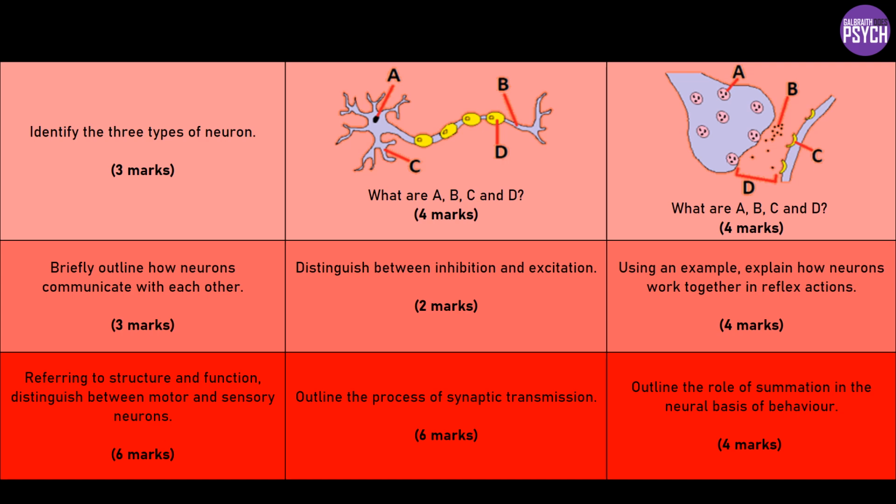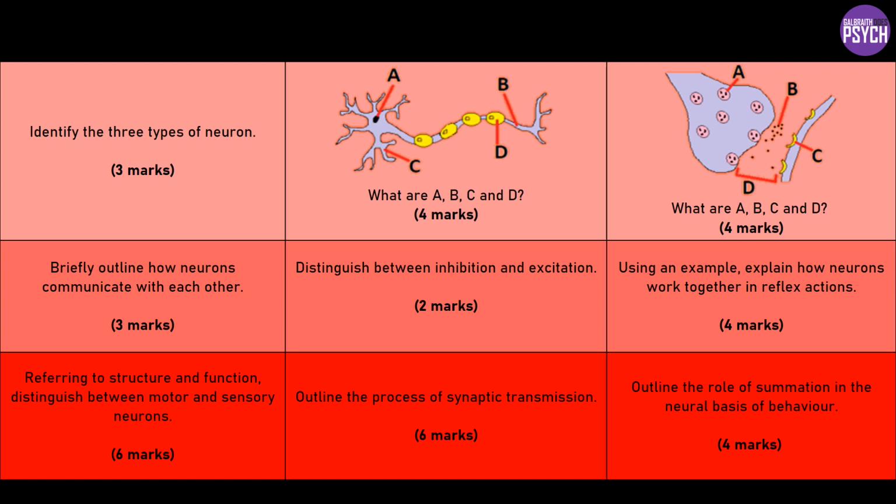It inhibits the response. Whereas, there's that comparative language we need, excitation is where the neurotransmitter binds with the receptor and makes it more likely that the next cell will fire. It's not just that it makes it fire or doesn't make it fire, because it's about lots of neurotransmitters going on at the same time, and there's lots of inhibition and lots of excitation. We'll come back to that in a bit. But inhibition is making it less likely to fire. Excitation is making it more likely to fire.